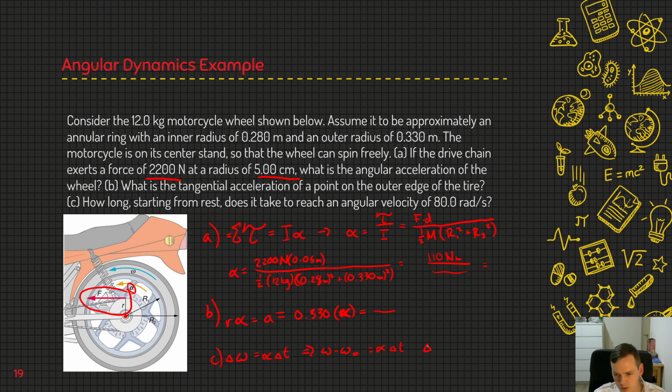In other words, delta t is equal to omega minus omega naught over alpha. We solved for alpha above. Omega naught is 0, and omega is equal to 80 radians per second. You can plug that in like before and get a delta t.